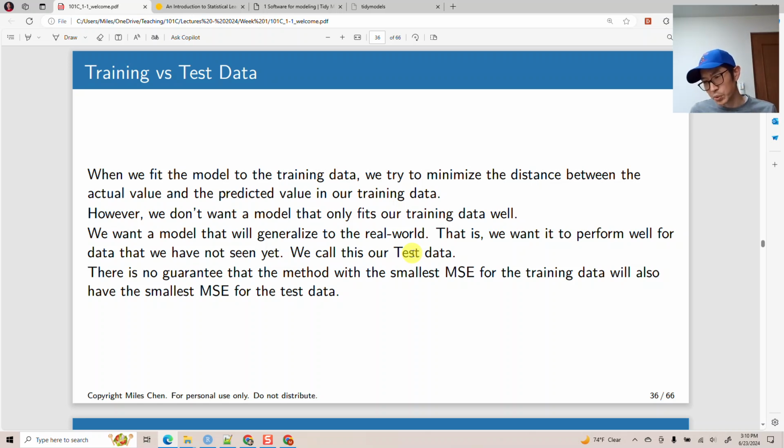If you think about learning a concept for an exam, and let's say the professor releases a practice exam, you don't want to be in a situation where you've basically just memorized all of the problems in the practice exam, so you know the answers.